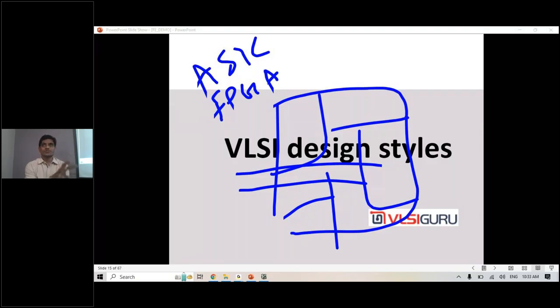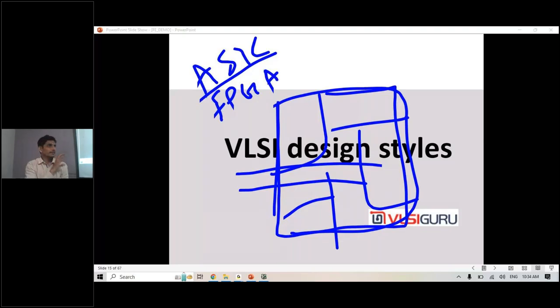ASIC is similar to constructing everything from scratch, the way you put the foundation, then the pillars, everything, right? That is ASIC. FPGA is more similar to buying an existing structure, then changing it as per your requirements.